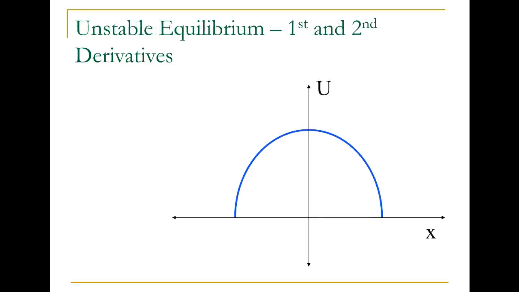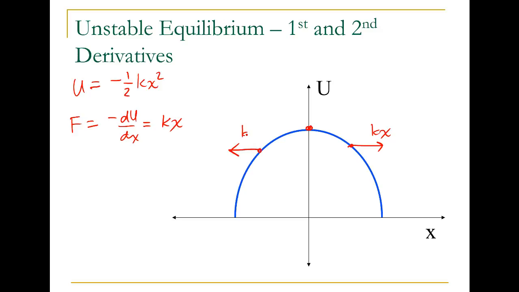Okay, now let's look at an unstable equilibrium, and this could be U is equal to negative 1/2 kx squared. Now this is not what a spring does, because if I put something up near the top and I nudge it a little bit, I'm going to get a force that's going to be negative dU/dx, which is equal to kx, which means that when I'm over here, my force will be pushing me away, and when I'm over here, it'll be pushing me away.